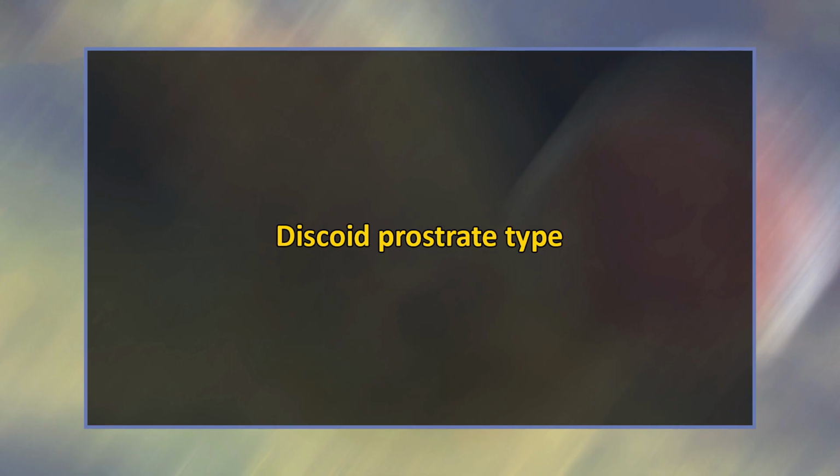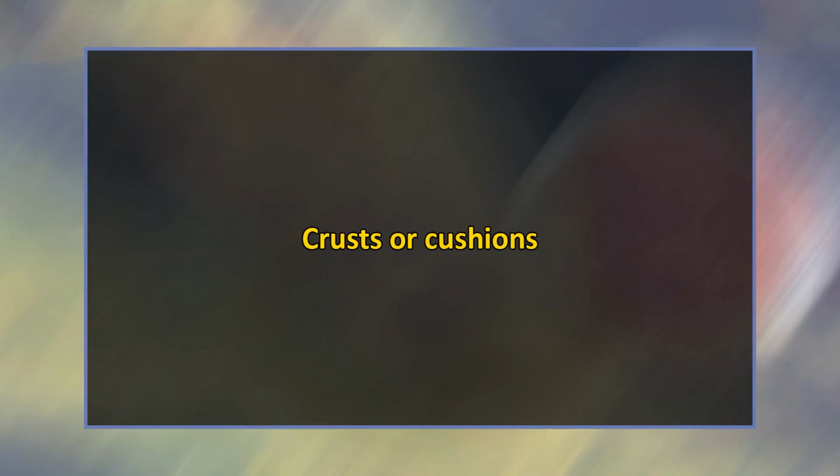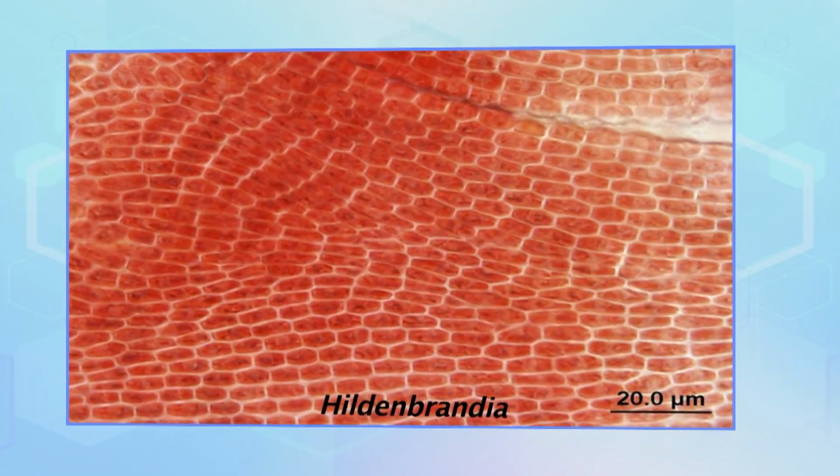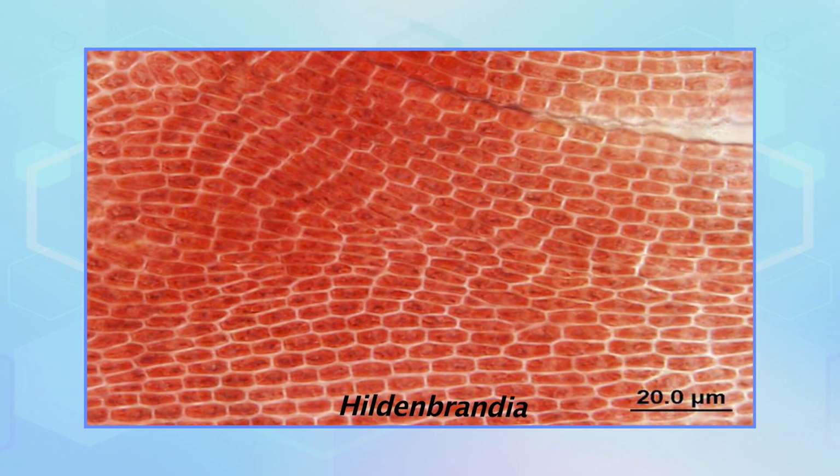Fifth, discoid prostrate type. In this type, the filaments of the thallus are prostrate and give a circular disc appearance, for example, Erythrocladia. Sixth, crusts or cushions. In this type, the prostrate system is reduced and the erect system is well developed. This gives the body a crust or cushion type of appearance, for example, Hildenbrandia.